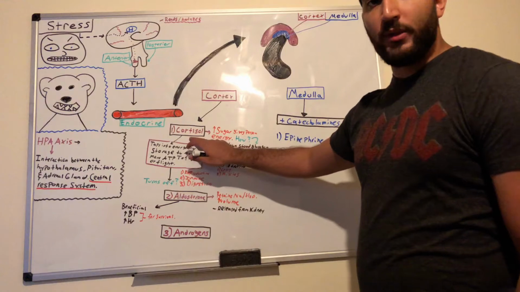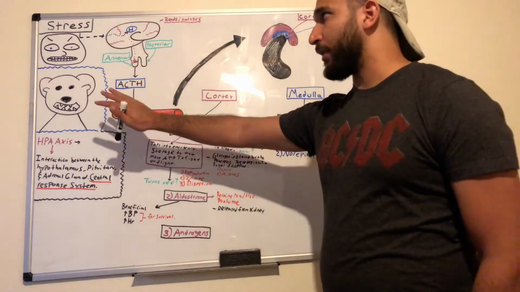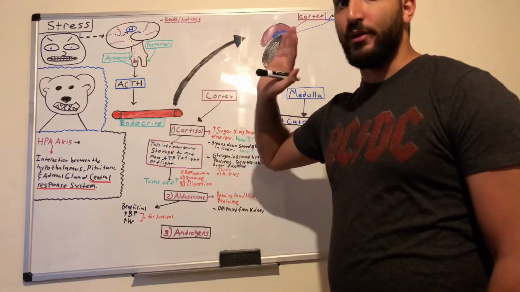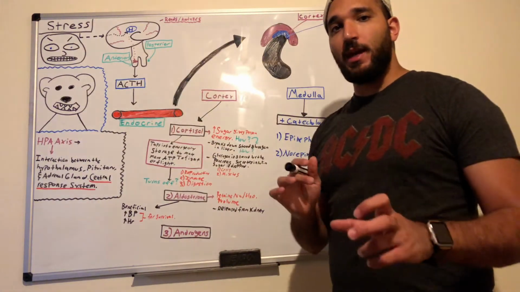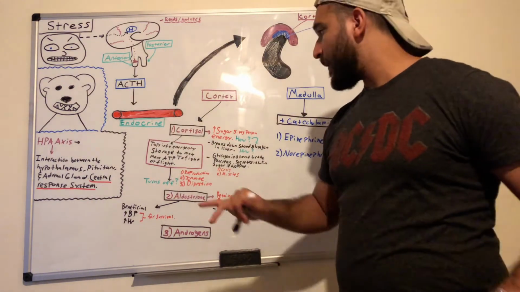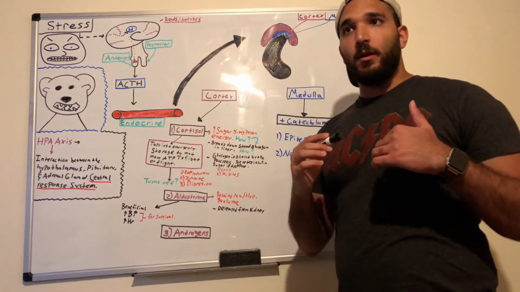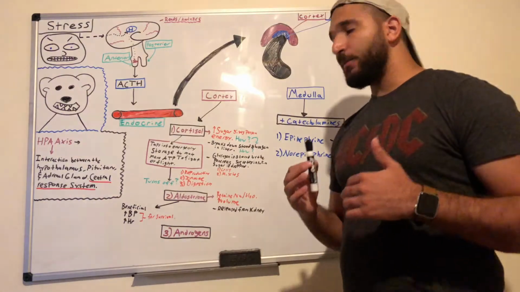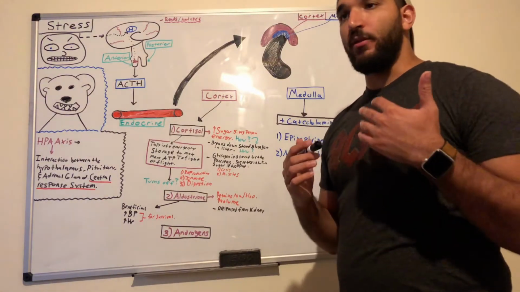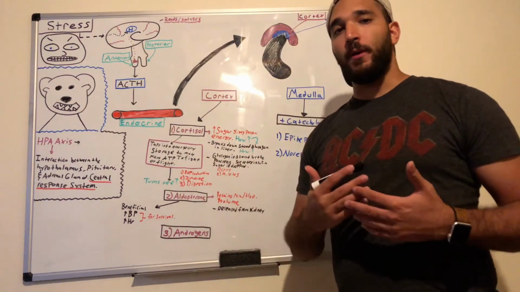So cortisol, in a case like this, where a bear is going to attack a person, is going to tap into the emergency storage to produce more ATP. This ATP is going to allow you to either fight the bear or run away.